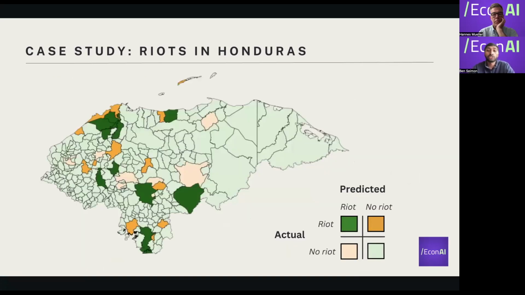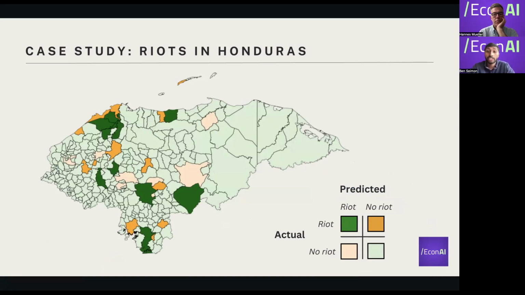A confusion matrix basically looks at the predictions versus what actually happens. The dark shade of green here means we predicted a riot and it actually happened. The light shaded green means we predicted no riot, so it fell under our binarized threshold, and there was actually no riot. Then we have these 2 types of error. We have false positives.